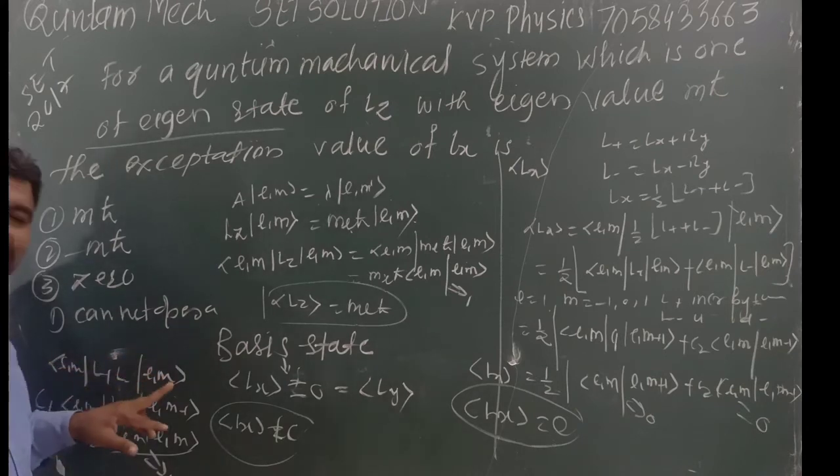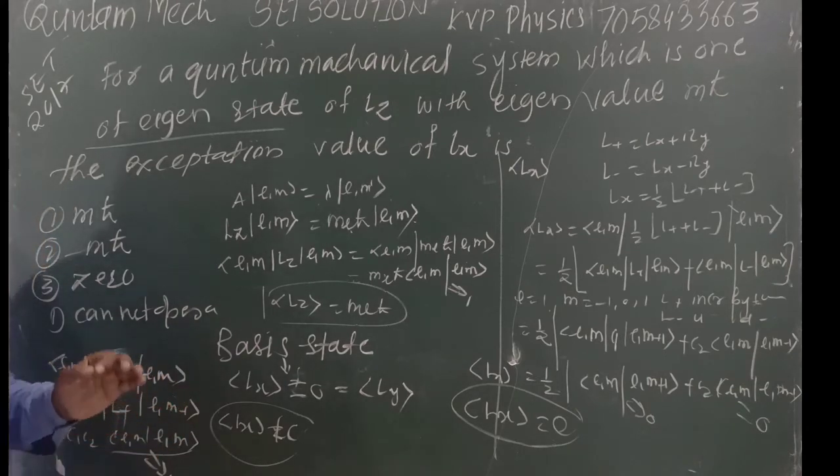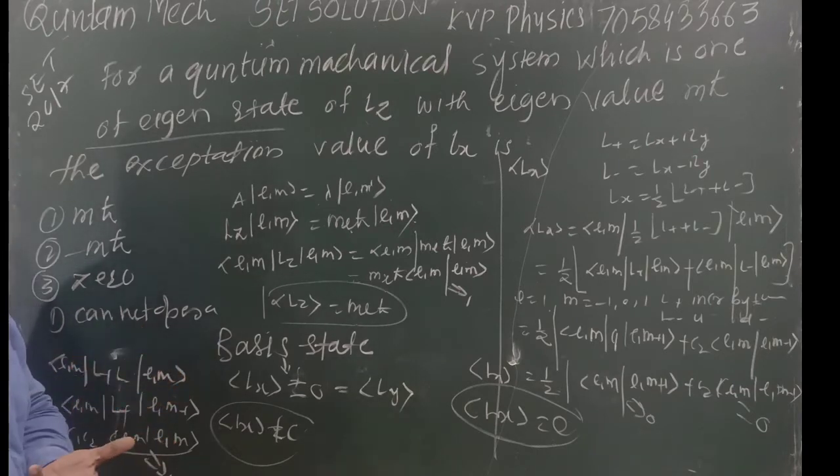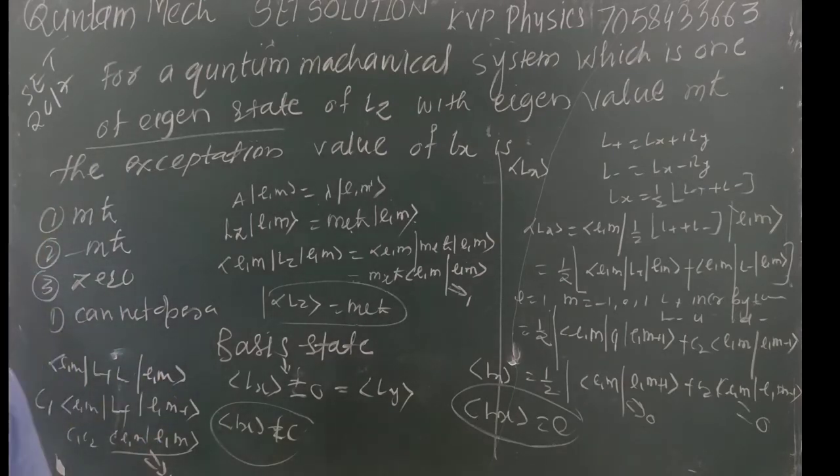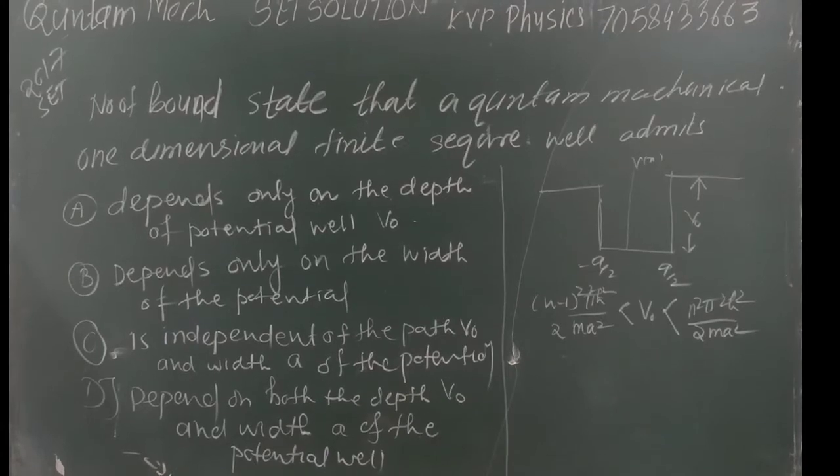Why? Because some state decreases and some increases, so there is a chance that the initial and final state become the same. Always memorize: the expectation of Lx and of Ly is equal to 0 only for a basis state. Set 2017.